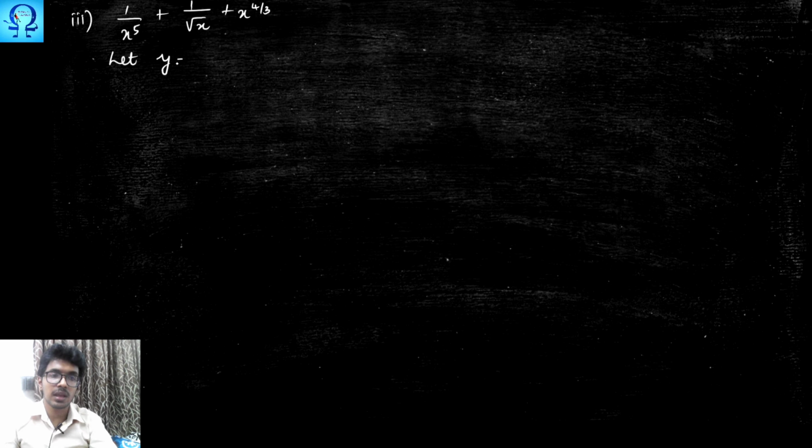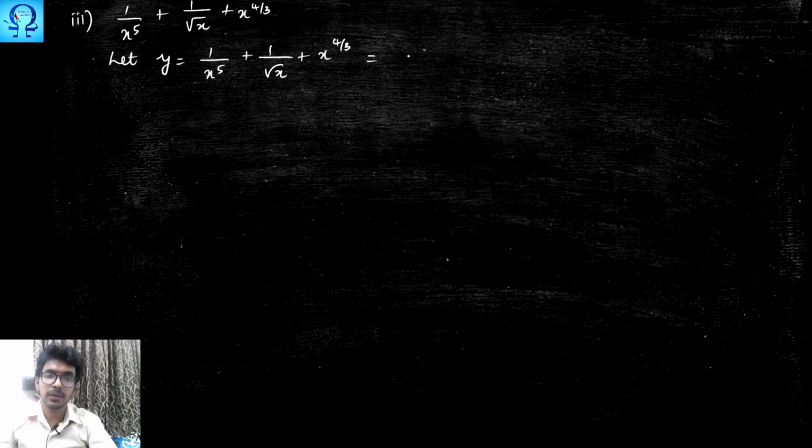Now let us move to the next problem. Here we are given 1 upon x power 5 plus 1 upon under root x plus x power 4 by 3. Using the ideas that I said for the previous problems, here we are going to do the same.